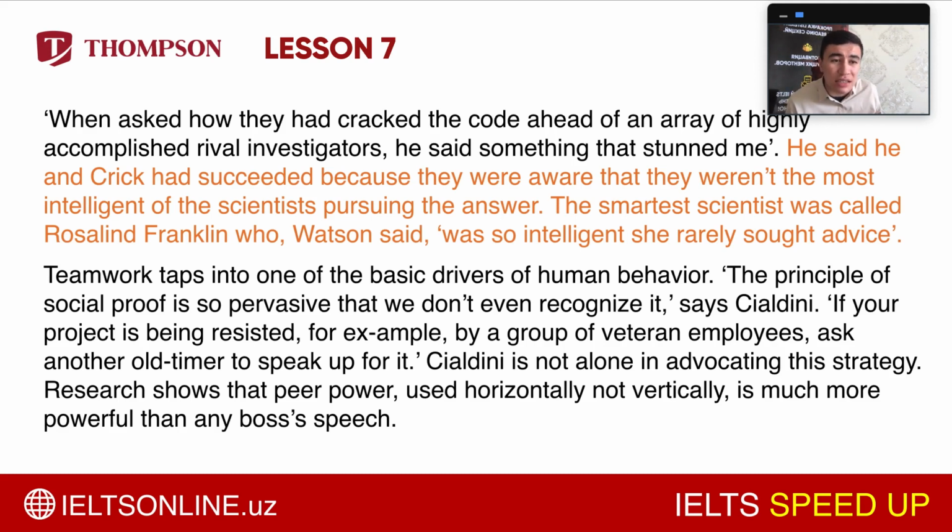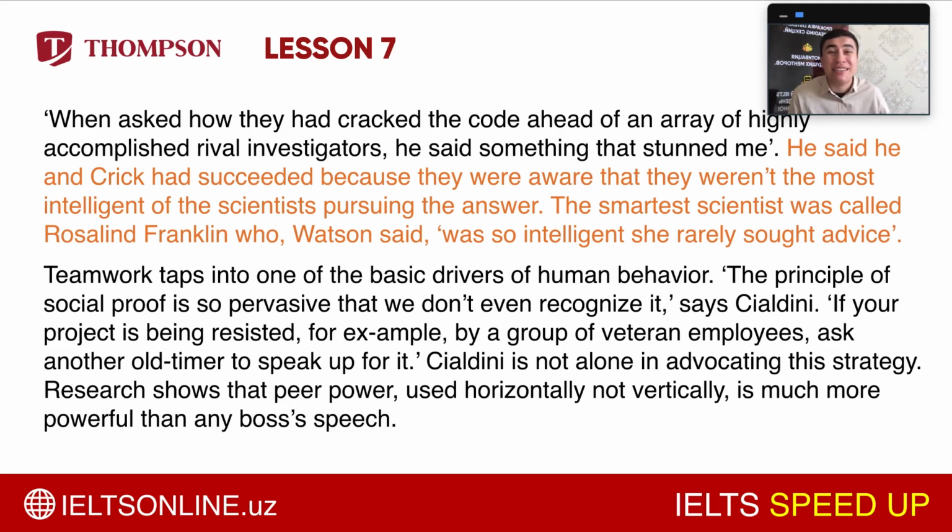The smartest scientist was called Rosalind Franklin, who, Watson said, was so intelligent she rarely sought advice. So Watson mentions that he and Crick had succeeded because they were aware that they were not the smartest.